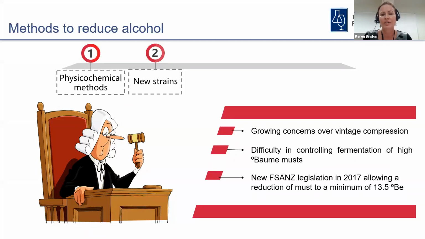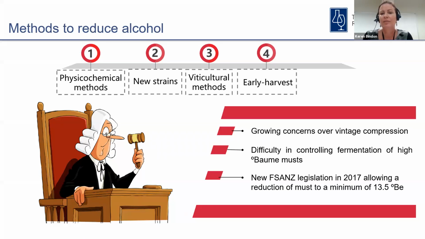Although these strains could be identified, there is really only a small gain, or a gain in components other than alcohol, using these strains, so we still needed to look further afield. We've also done a bit of work on looking at viticultural methods like leaf removal or the application of hormones to delay ripening. And then obviously just looking at the effects of early harvest.